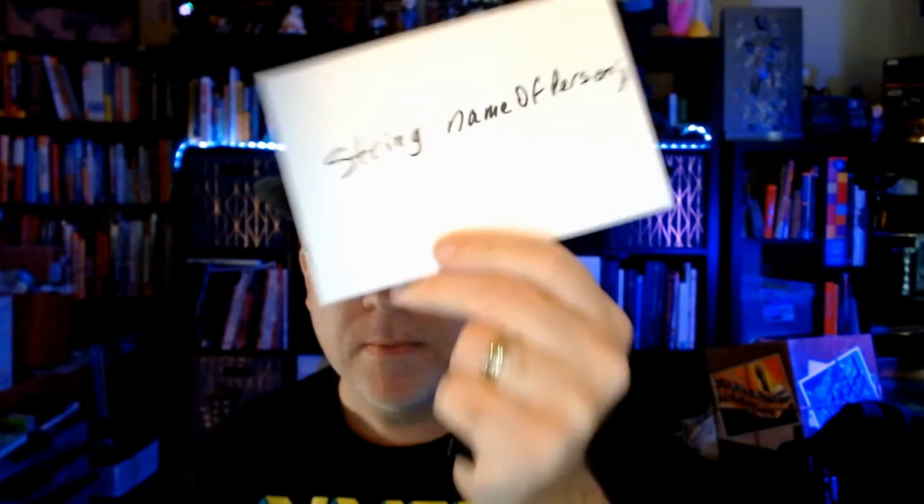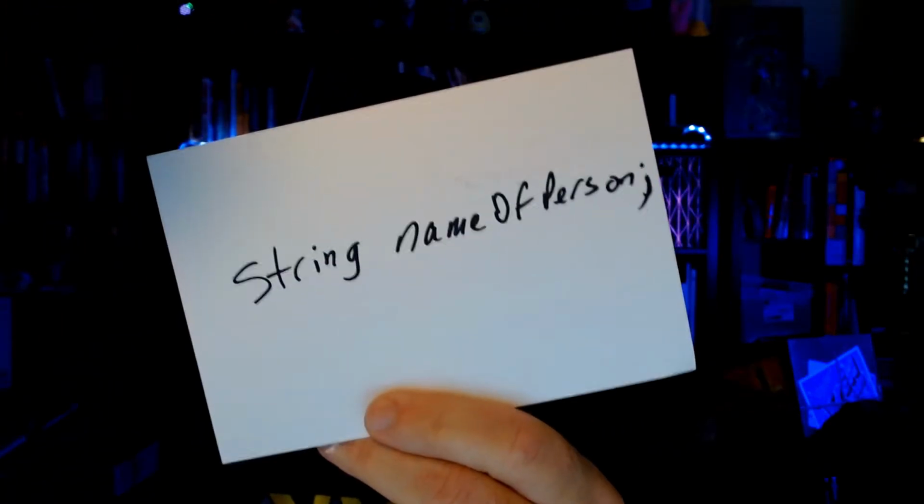Let's do another one. Let's say we want to keep up with the name of a person. Well, I've got my props here. That is going to be a string called nameOfPerson. Don't just call it name, because name is a reserved keyword, I'm pretty sure. Bad practice at the very, very least, because there are objects that have names, so you don't want to use name because it's one of those things.